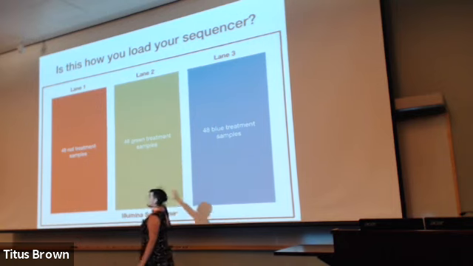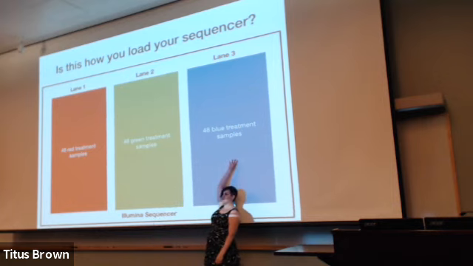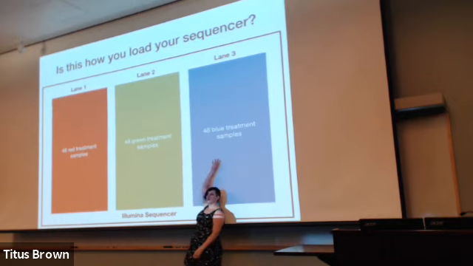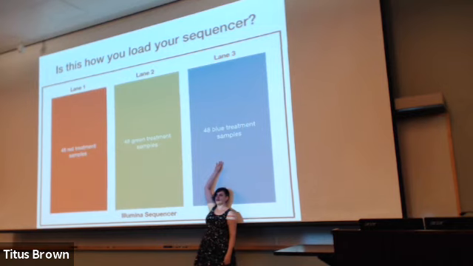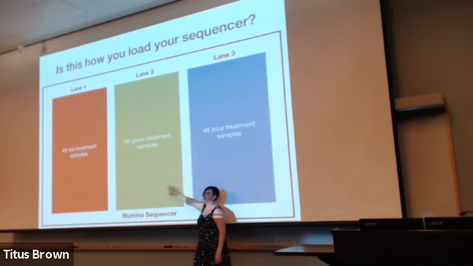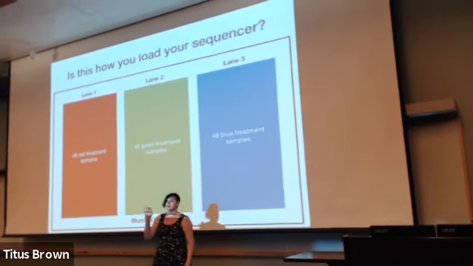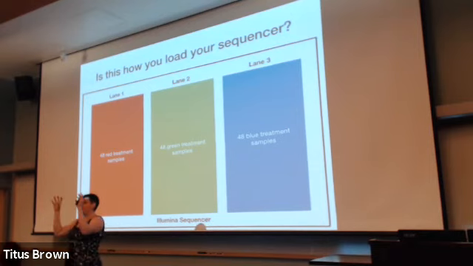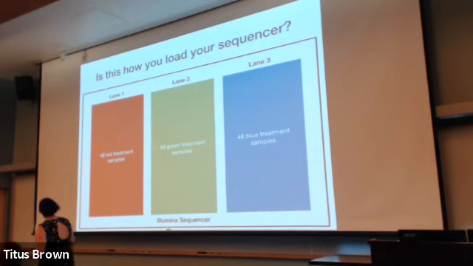If this lane doesn't fail, it just only gives me half as many reads as this lane, just for reasons, then I don't want to call all of the samples in this lane as having twice as much expression as these ones, right? So I need to track not just my experimental variables from my experiment, but from the thing that a lot of people think of as an assay.